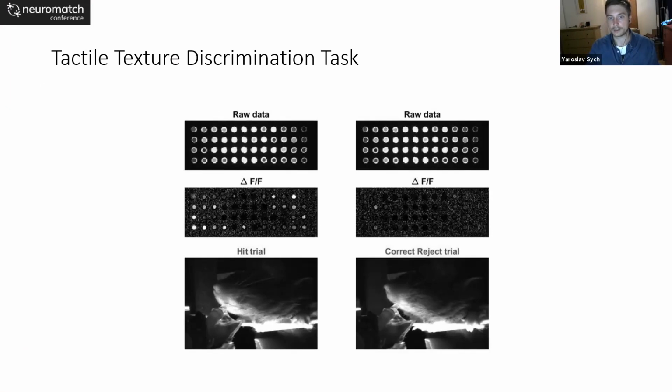The increases in fluorescence relative to the baseline are shown in the middle row, and the maximum, where you see white, is about 5% delta F/F change. This is the change in calcium dynamics, related to the multi-unit activity of neurons sitting directly below the fiber tip. Each fiber is 120 micron in diameter.